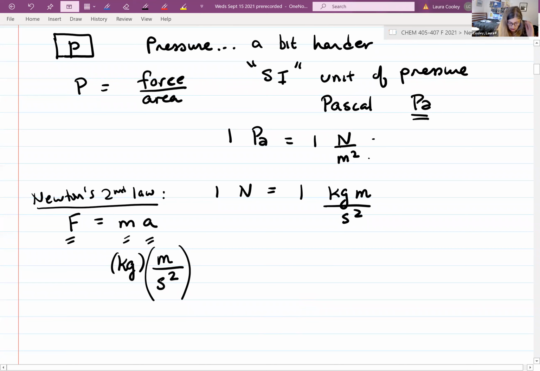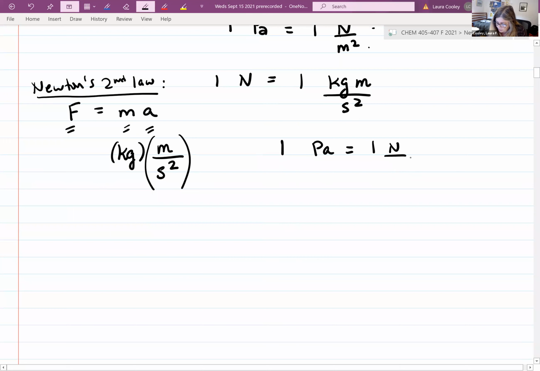So let's see. If a Pascal is 1 Newton per meter squared, and a Newton is a kilogram meter per second squared, that means that a Pascal is also equal to this.